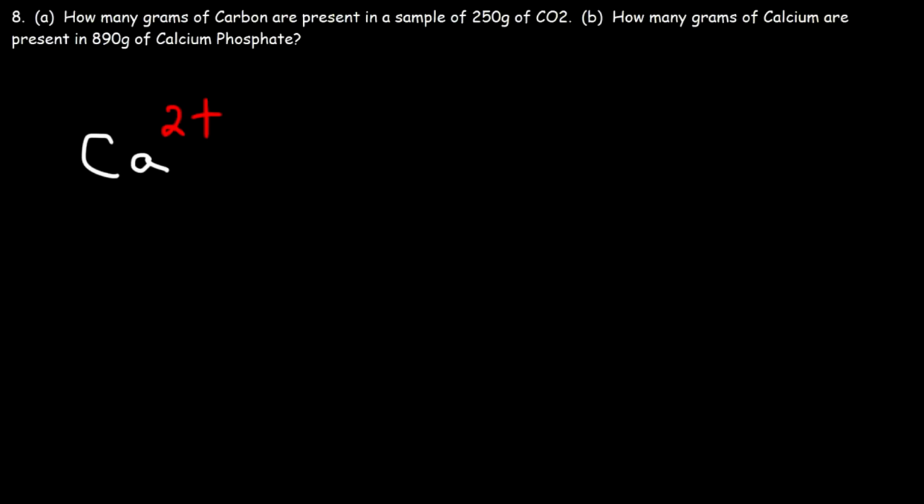Now, phosphate is one of those polyatomic ions that you should have committed to memory by this point. I hope you did. If you haven't, I recommend that you study that when you get a chance, because these things will keep coming up in the future.